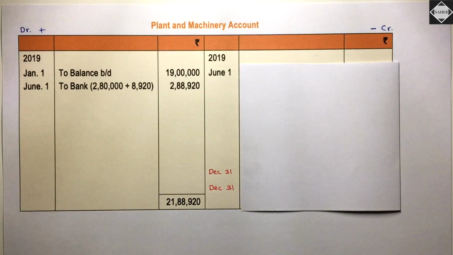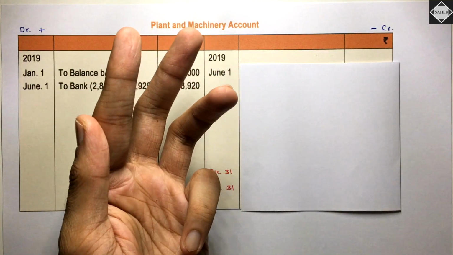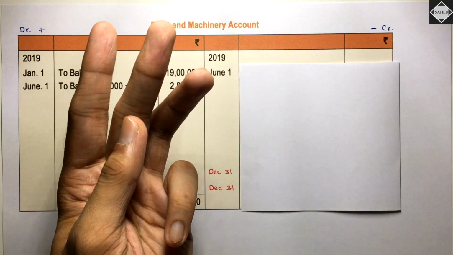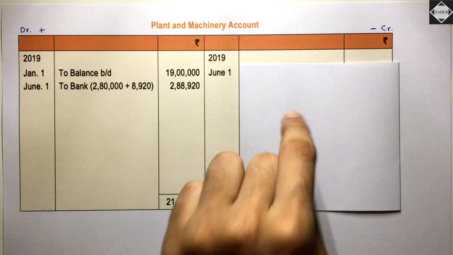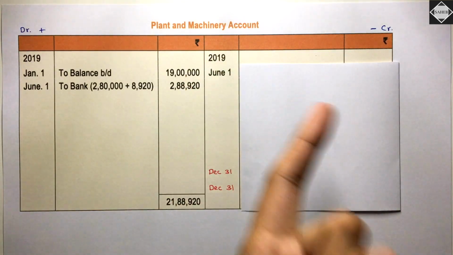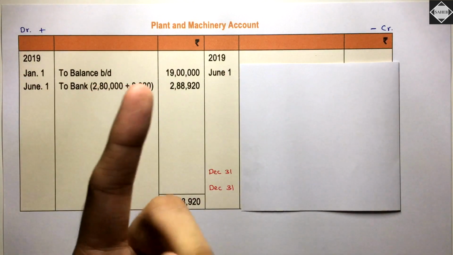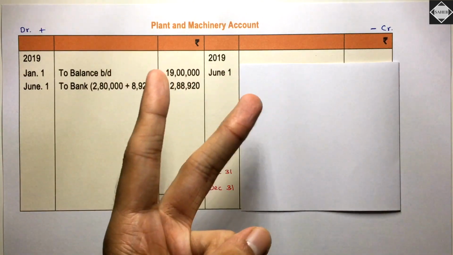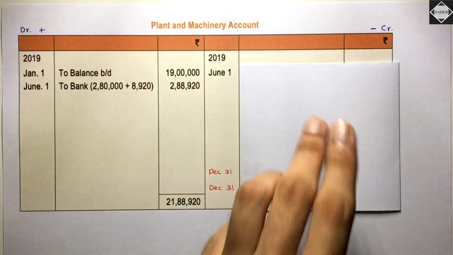You all know three things we have to do. The first is, charge the proportionate depreciation. The second thing is WDV on the date of sale, and then calculate the profit or loss. Yes, that we have done. Now here we have to record the sale for how much you have sold. So that sale entry will be there, sale posting, and then you have to charge the depreciation on that asset which you have sold, and then you have to take the profit or loss which you have made.